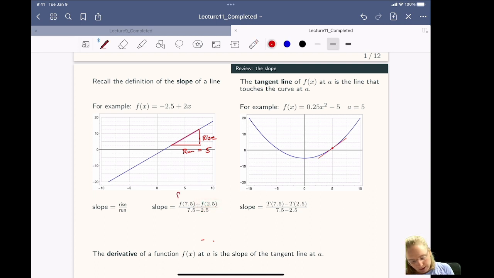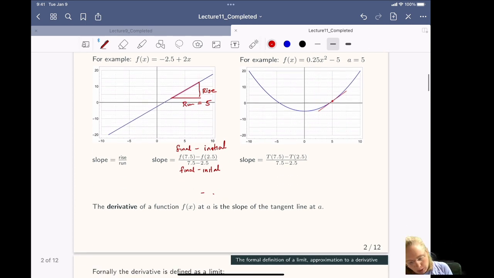So we take the final value minus the initial value of the y-axis, and that gives us our rise, divided by the final value on the x-axis minus the initial value on the x-axis, and that gives us our run, and we end up with a rise of 10 divided by a run of 5, which is equal to a slope of 2.